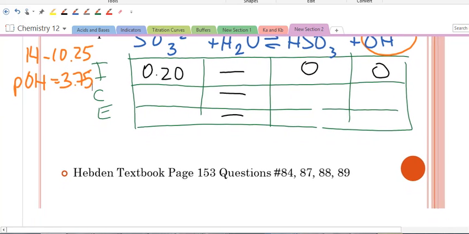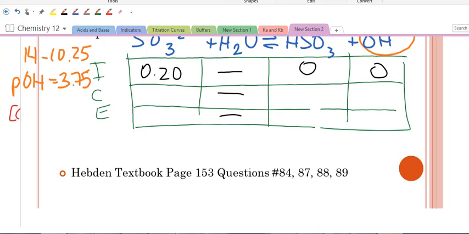So then the concentration of hydroxide will be equal to the antilog of the pOH.